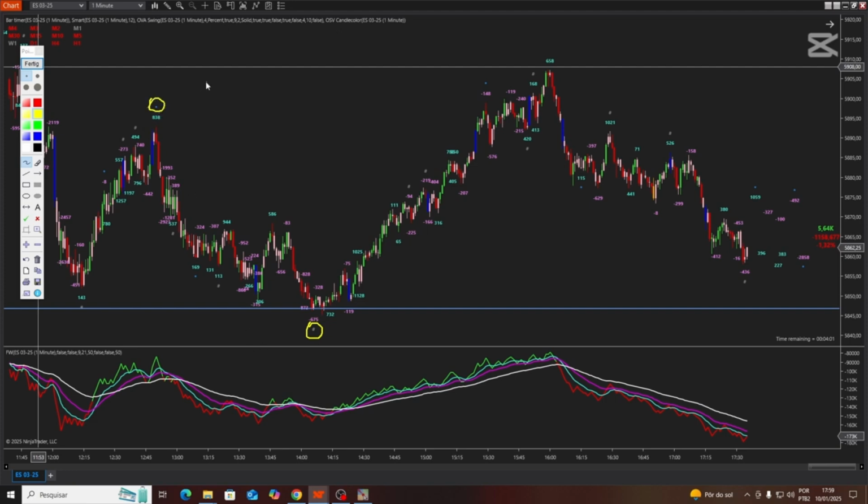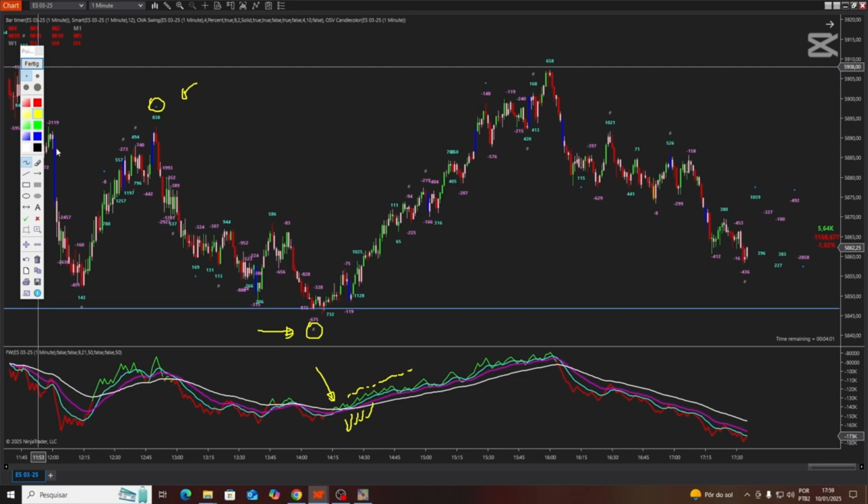Here below we have the accumulated volume, so we have the balance of the positive volume at that moment. It didn't exist yet, but later it was getting positive, confirming the movement. And here in pink, we have the negative delta, and in blue we have the positive delta. So here we have the effort versus result.